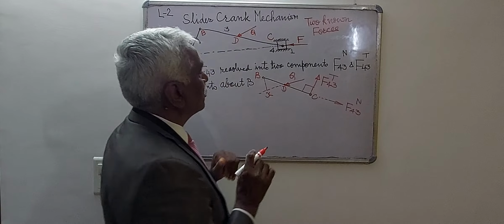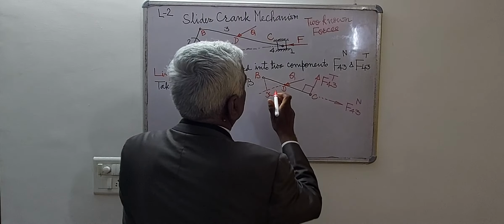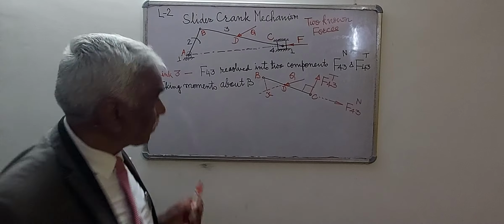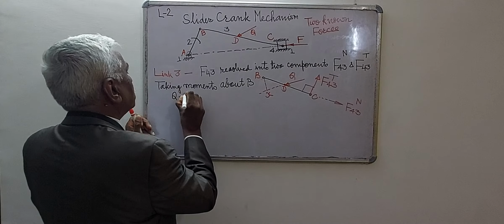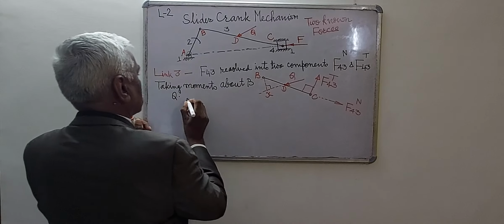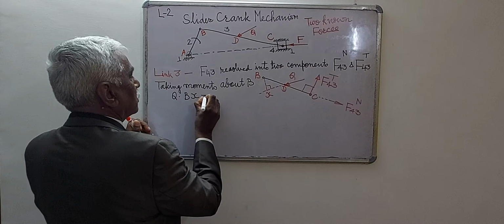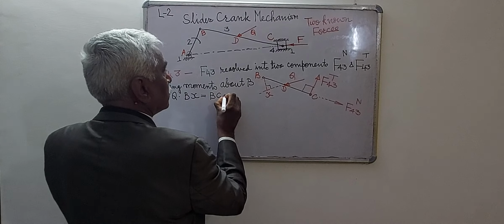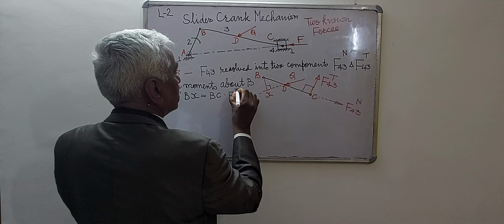So we are taking moment about point B. So Q into BX is equal to BC into F43T.